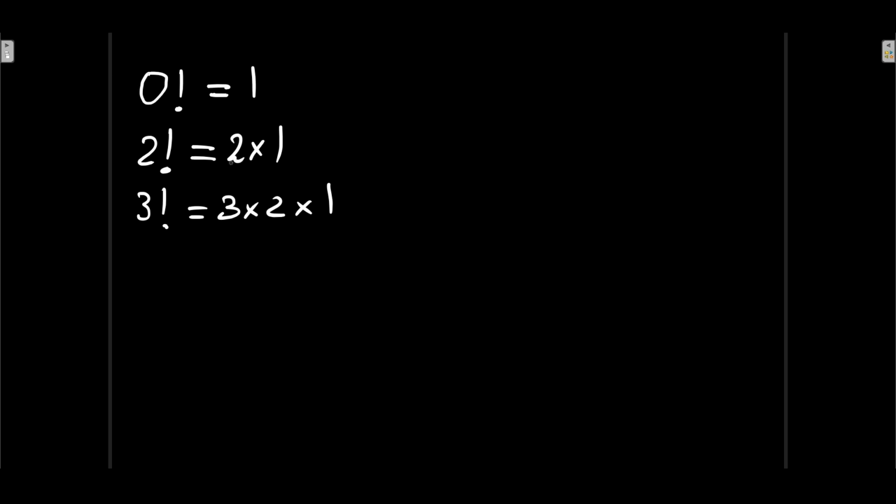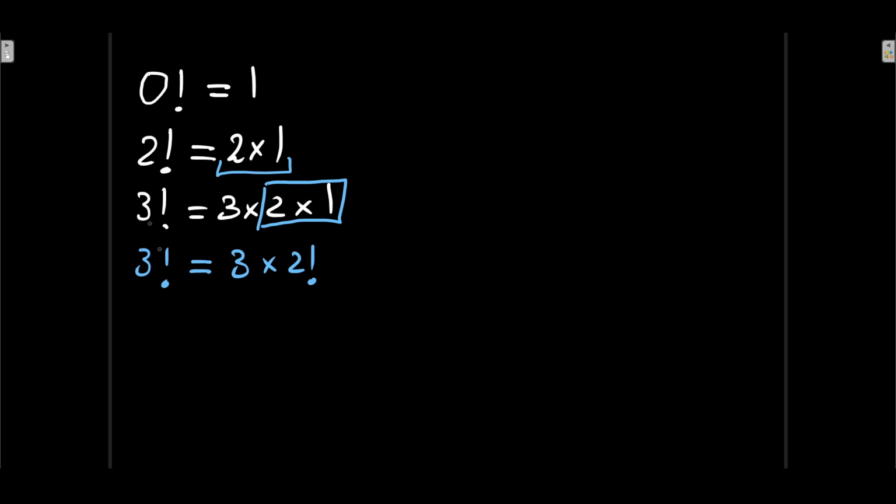As 2 factorial is equal to 2 times 1, I can observe that we have 2 times 1 over here as well. So that means 3 factorial can be represented as 3 times 2 factorial. Why? Because 2 times 1 is equal to 2 factorial.